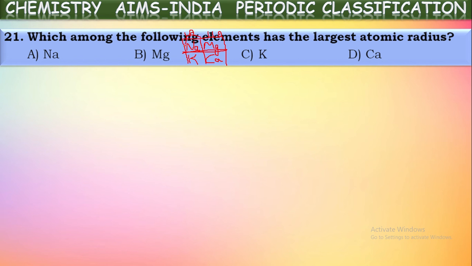Now, in a group, from top to bottom, atomic size increases as the number of shells increases from element to element. Among these two elements also, the lower element, that is potassium, has greater size. Among these three elements, potassium will have greater size.